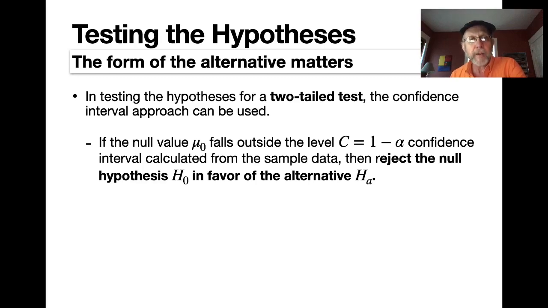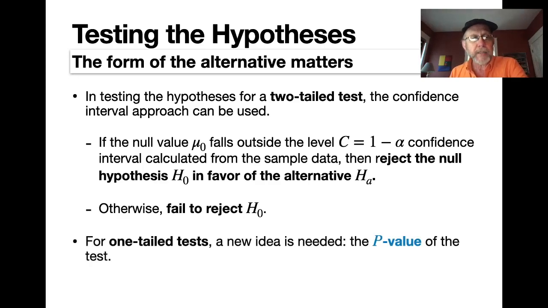If it's not in the confidence interval, that says the null value is not plausible given our sample data, and therefore you would reject the null hypothesis in favor of the two-sided alternative. If, on the other hand, the null value were in the confidence interval, then the null value is entirely plausible and there's no reason to doubt it, so you would fail to reject.